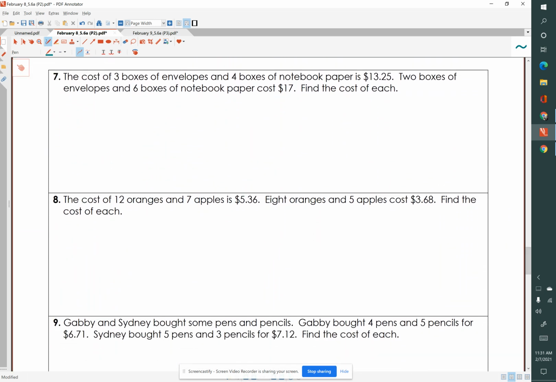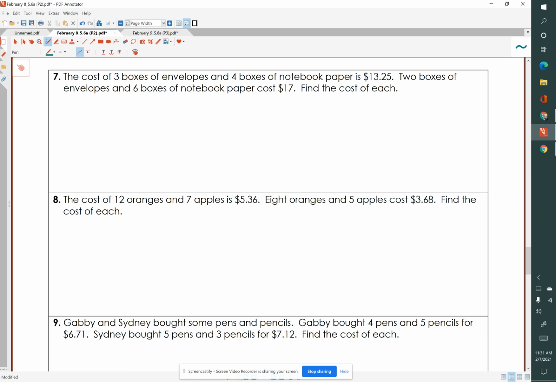So, number 7, the cost of 3 boxes of envelopes and 4 boxes of notebook paper is $13.25. 2 boxes of envelopes and 6 boxes of notebook paper cost $17. Find the cost of each. Okay, slow down, okay?